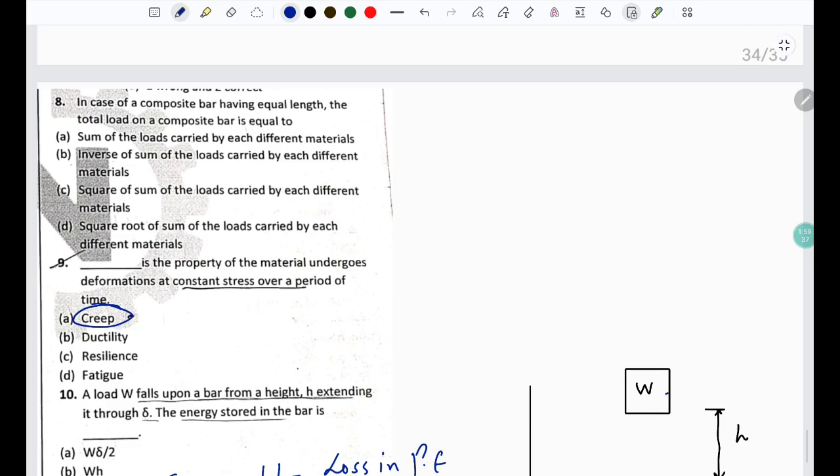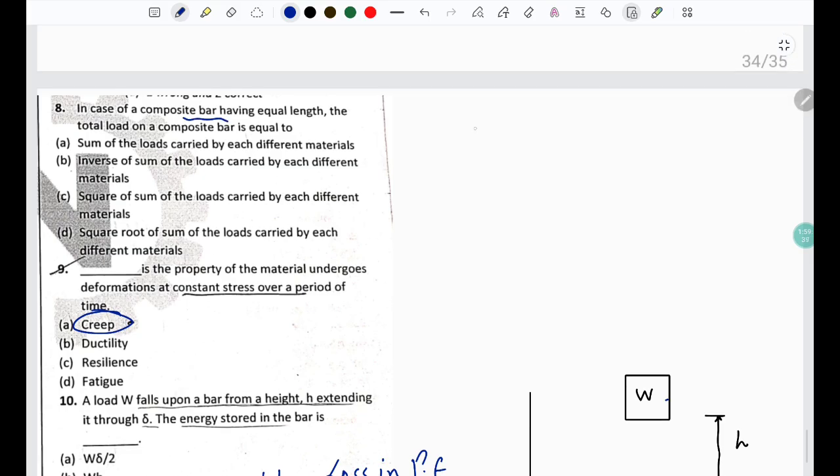Let's see others. In case of a composite bar, this is aluminium and this is brass or copper. Load carried by different material.